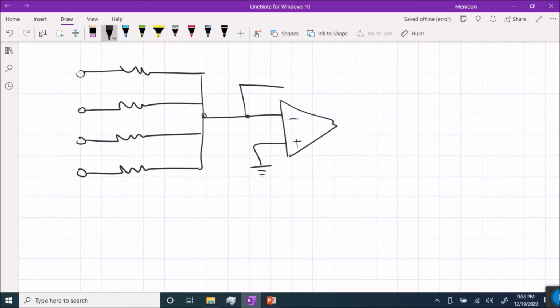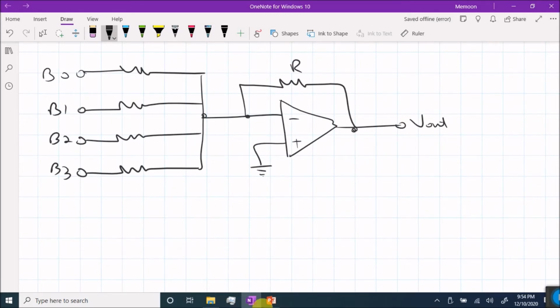So this is an operational amplifier. There are 4 inputs and 1 output, and these 4 inputs are the bit 0, bit 1, bit 2 and bit 3. This resistance in the feedback is R. The input resistance connected with bit 0 is 16R.